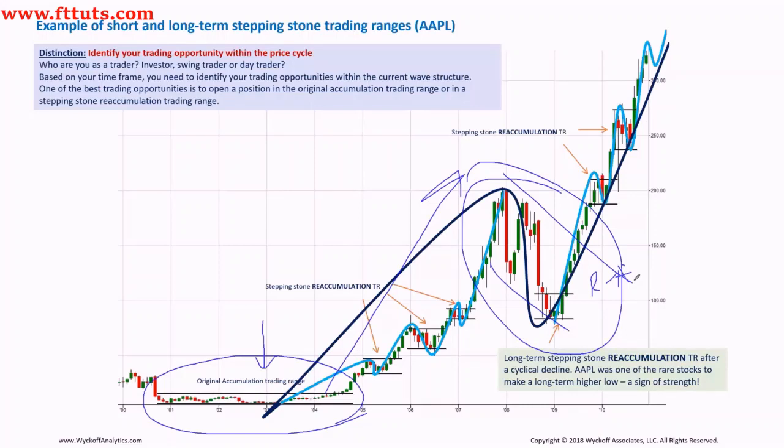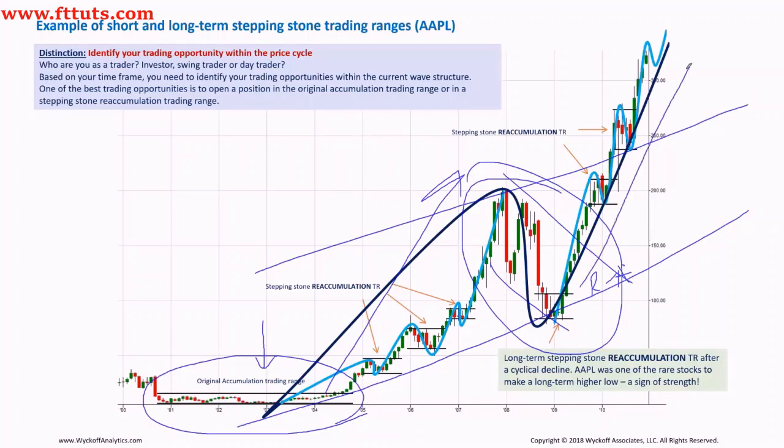But once the reaccumulation has been concluded and ran its course, then we're going to resume an uptrend, which now becomes a very much long-term uptrend. And we're going to go into the uptrend and the resumption of that uptrend.